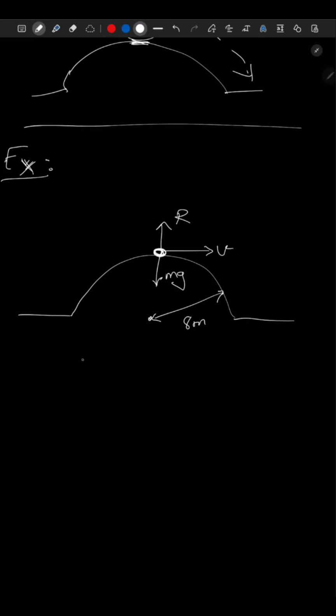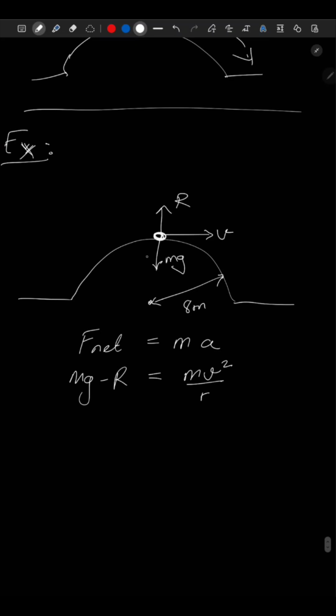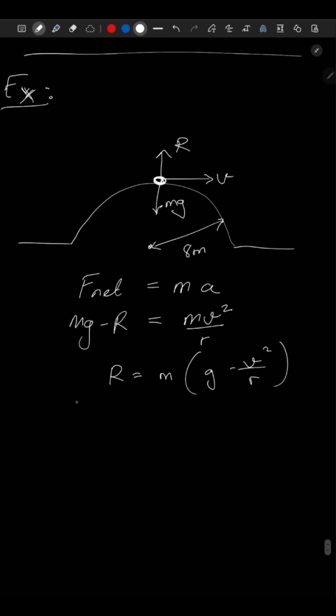We know that the net force is mass times acceleration, and therefore it is mg minus N, because the centripetal force is towards the center, which is mv squared over r. Here N is the normal force, so N is just m times g minus v squared over r. Now, if we put this to be 0, we have this equation.